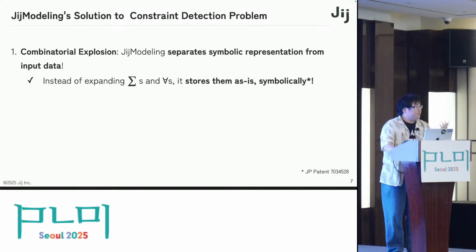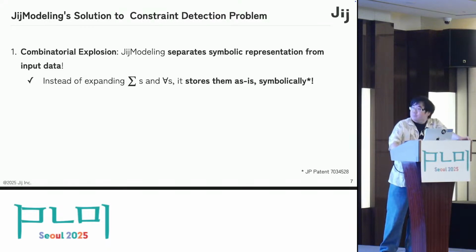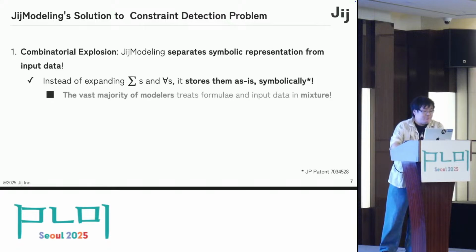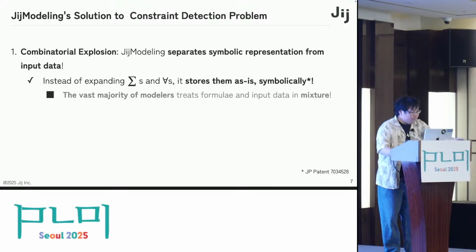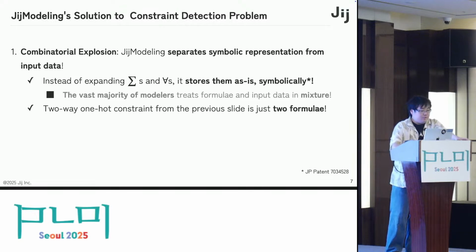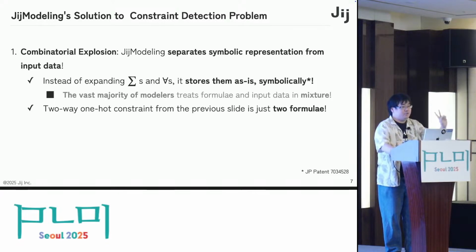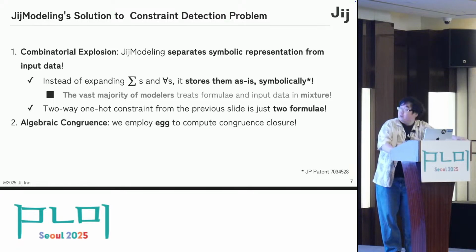It might sound rather trivial to programming language people, but in the industry of mathematical optimization, the vast majority of modelers treat formulas and input data in a mixture, making constraint detection almost infeasible. So we are just buying into using ASTs. Then the two-way one-hot constraint from the previous slide is just two formulae.